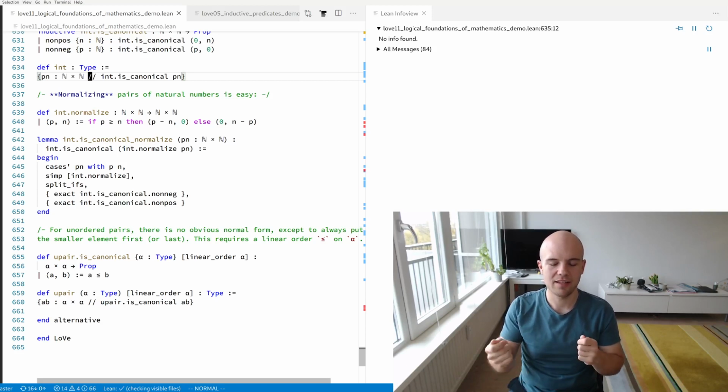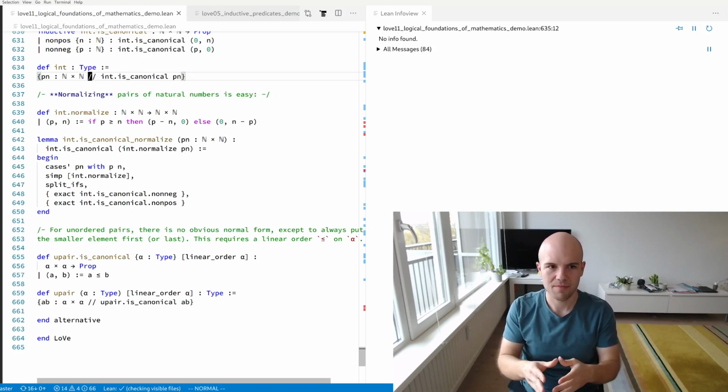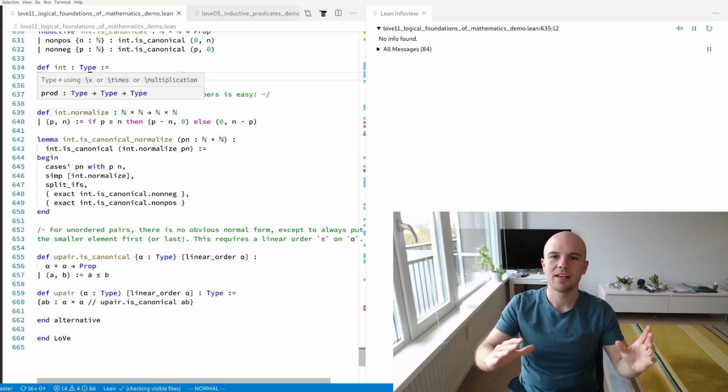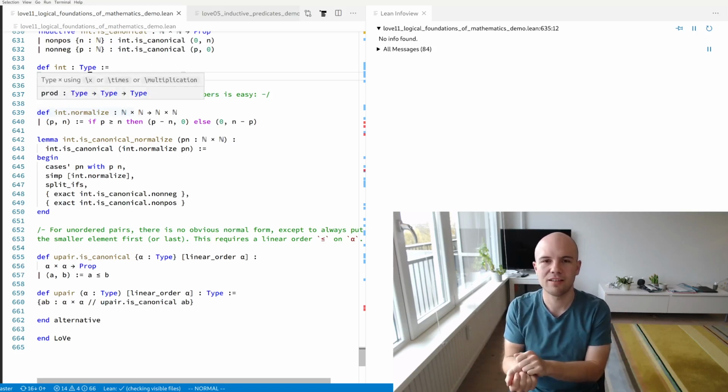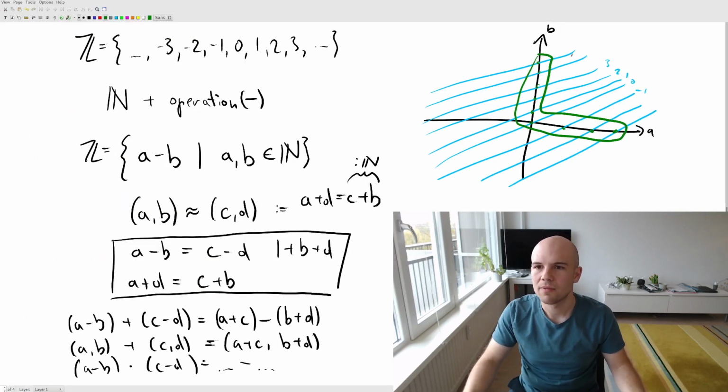If we want to take the addition of two such canonical representatives, we then need to normalize it to get the canonical representative of the sum. For this, we write a new function which, given any pair of natural numbers, returns the canonical representative of its equivalence class. So if you give it some element here, then it will return this one here.